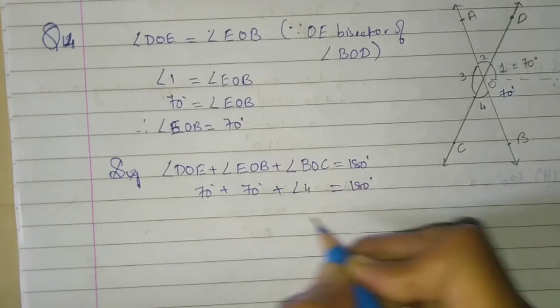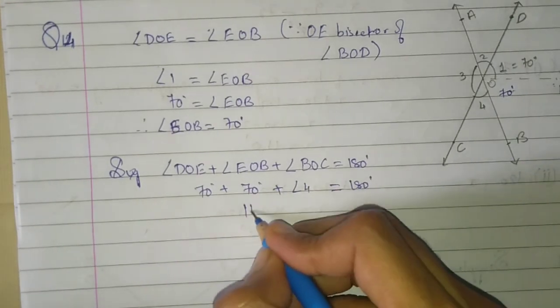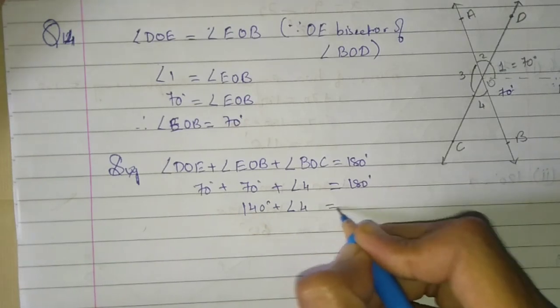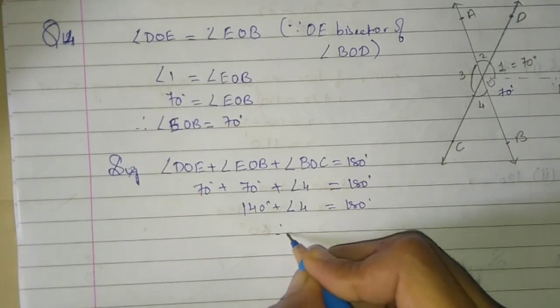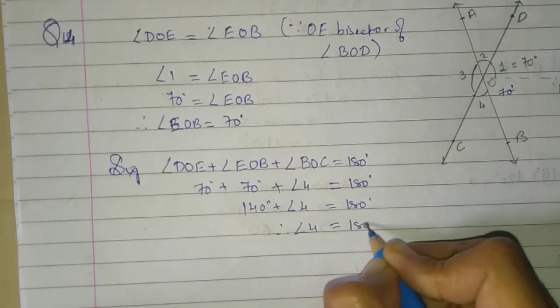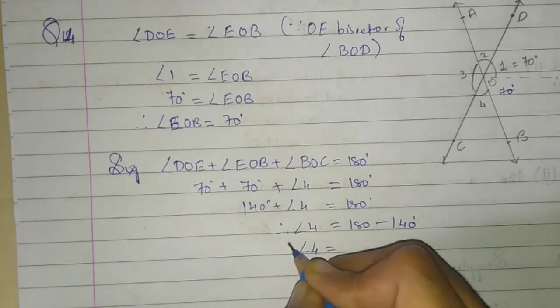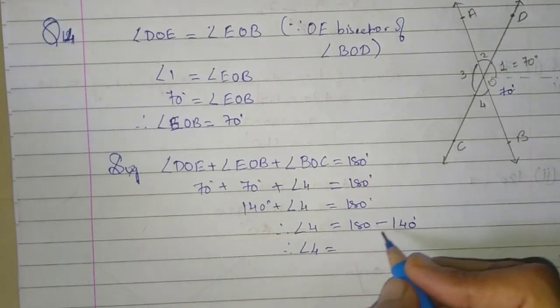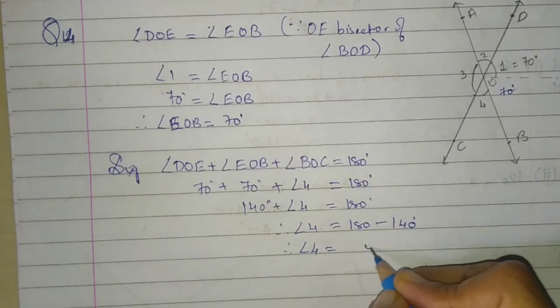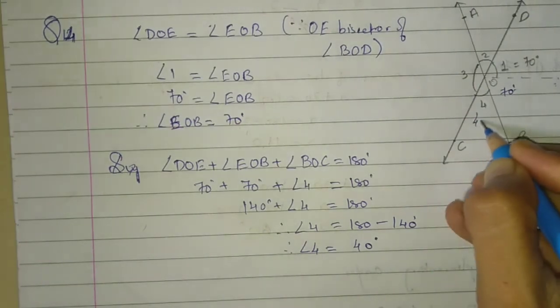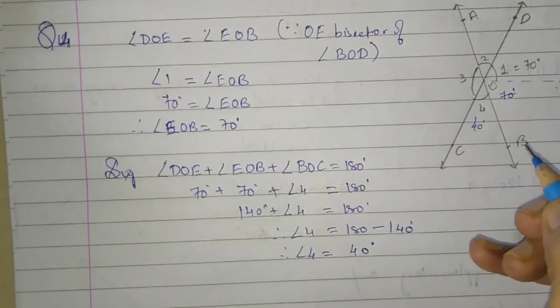So 70 plus 70 is 140 degrees, plus angle 4 equals 180. Therefore angle 4 equals 180 minus 140, which is 40 degrees.